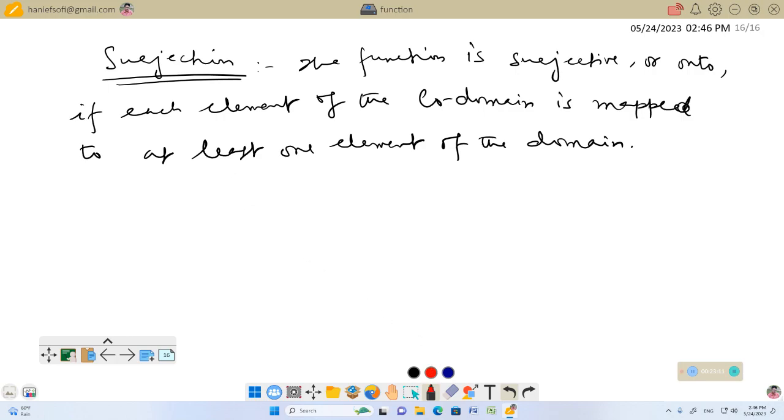So the definition of surjection: the function is surjective, also called onto, if each element of the codomain is mapped to at least one element of the domain, then it is called a surjection, surjective function, or onto function.